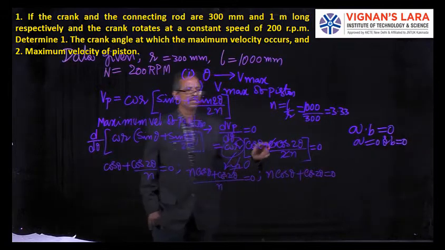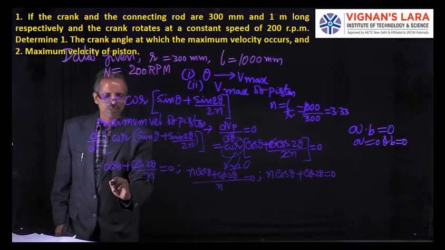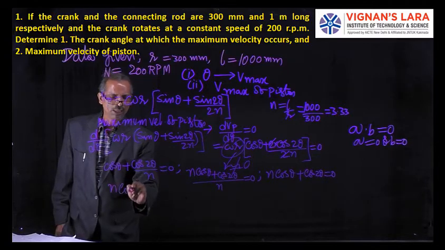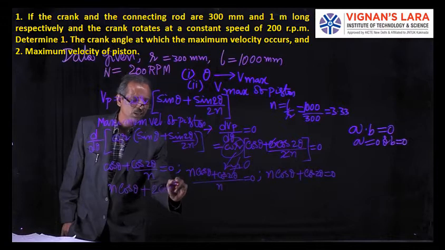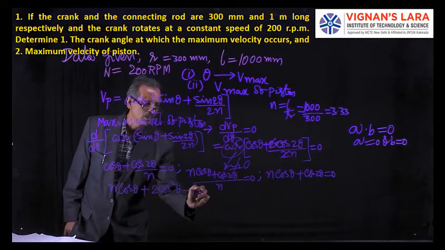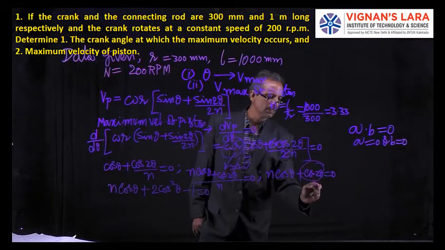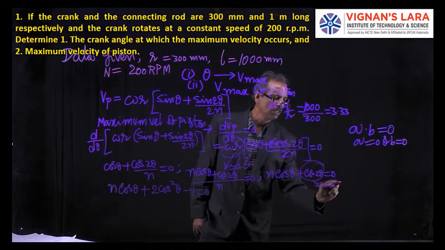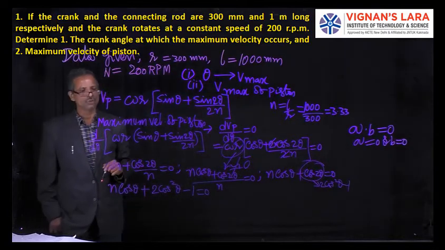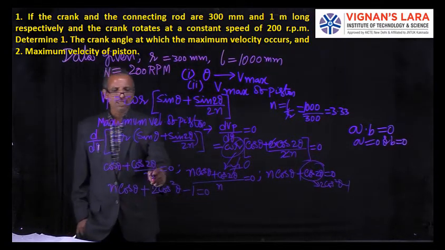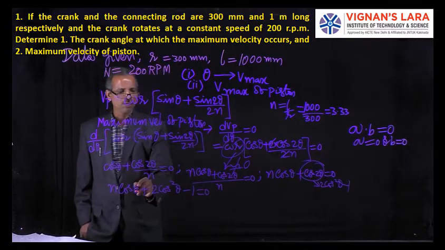Then substitute cos 2 theta as 2 cos square theta minus 1, so n cos theta plus 2 cos square theta minus 1 is 0. Cos 2 theta is written as 2 cos square theta minus 1, this is from basic trigonometry, you know it. So now I got a quadratic equation, 2 cos square theta plus n cos theta minus 1.